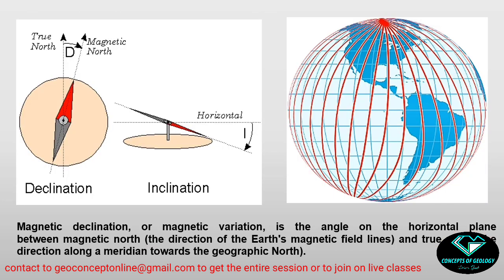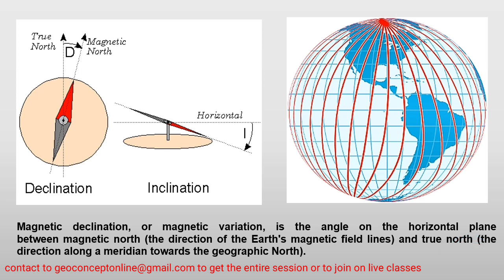Whenever we are doing geological field work, we must have a compass in our hand. In the compass we have a magnetic needle. This is nothing but a bar magnet, and the magnetic needle will point towards the magnetic poles of the earth. But in the map, when we mark directions, suppose the north mark or latitude, longitude, they are marked in terms of the true north, I mean the geographical north.